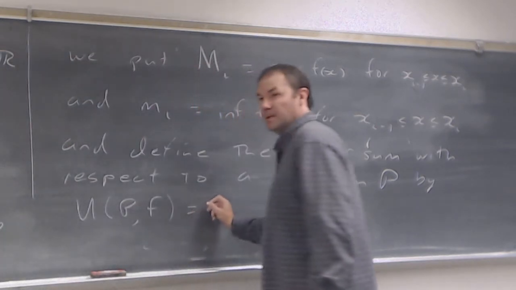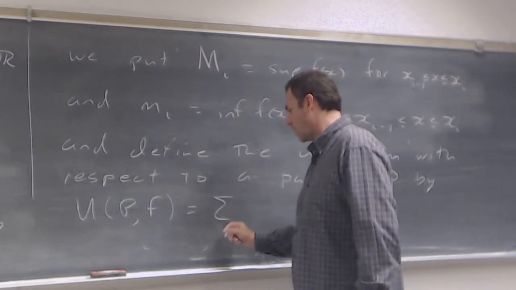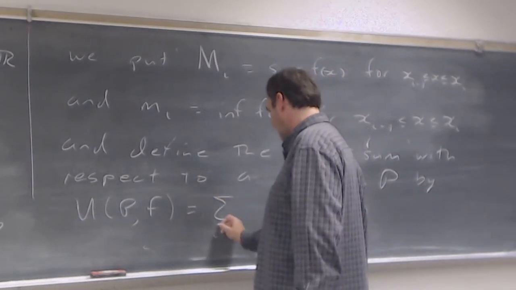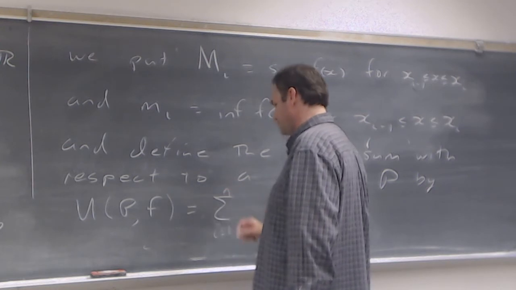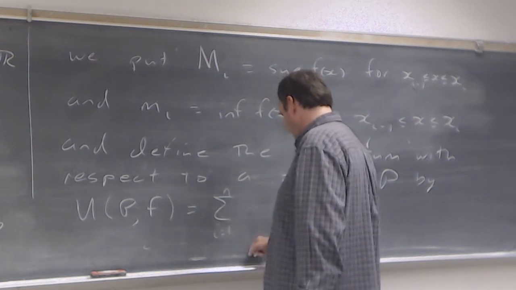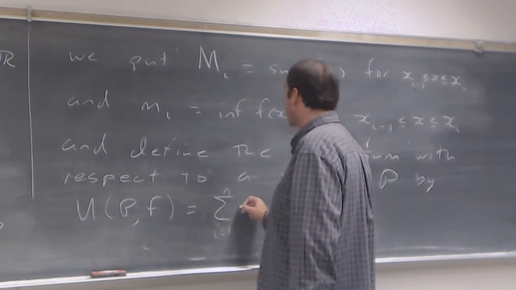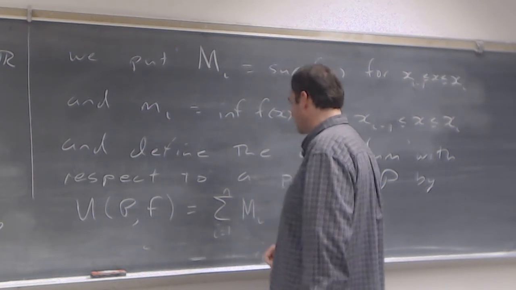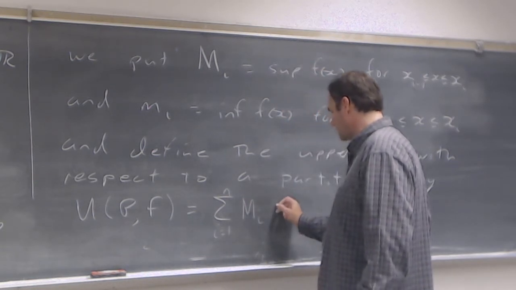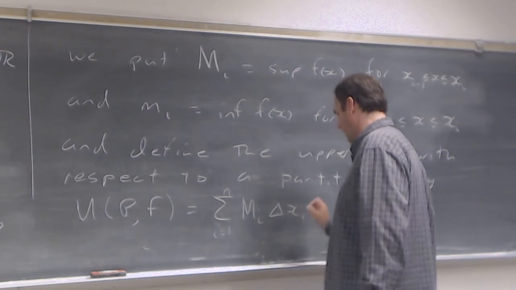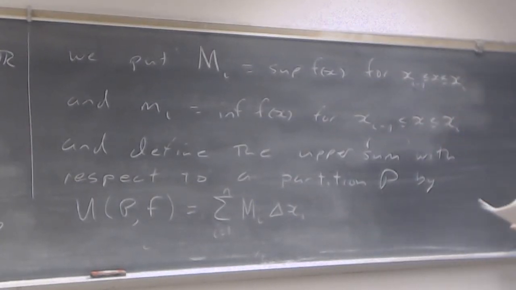And it's equal to the sum as i runs from 1 to n of big M sub i, that's the supremum, times delta x sub i. That's how it's defined.